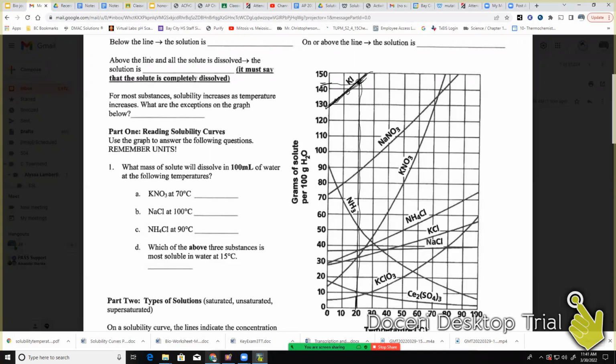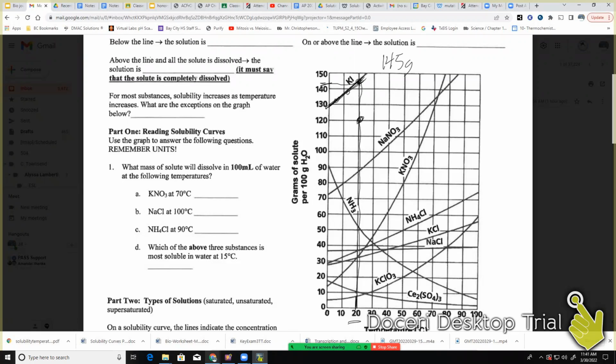That's how much solute can dissolve in that solution at 20 degrees. So if I had something below that, let's say I only had 120 grams, that's below the line.